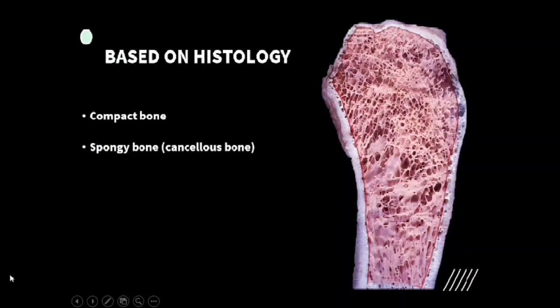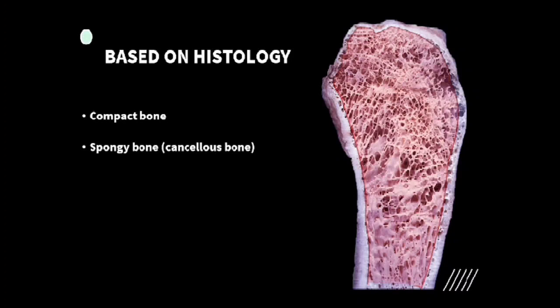Based on histology, you have two sets, that is the compact bone and spongy bone or cancellous bone. So you can say the bone mainly consists of the outer compact part and inner spongy part. The compact part is ivory-like and extremely hard, and that is dense, as the name suggests, and it forms the outer part of the bone.